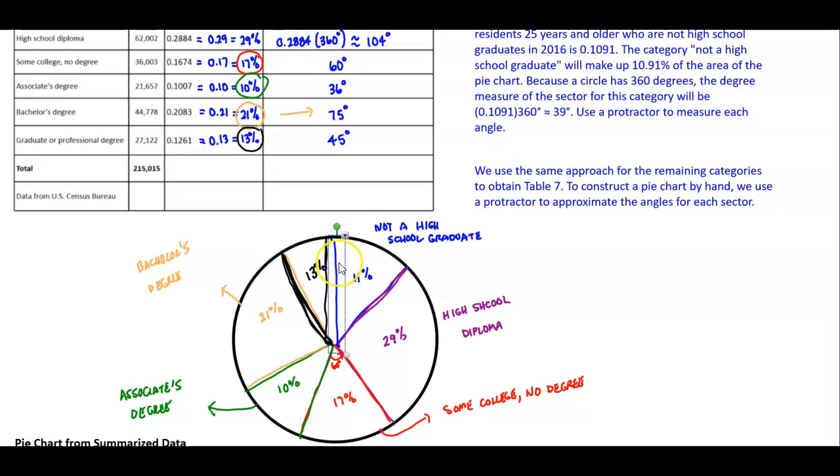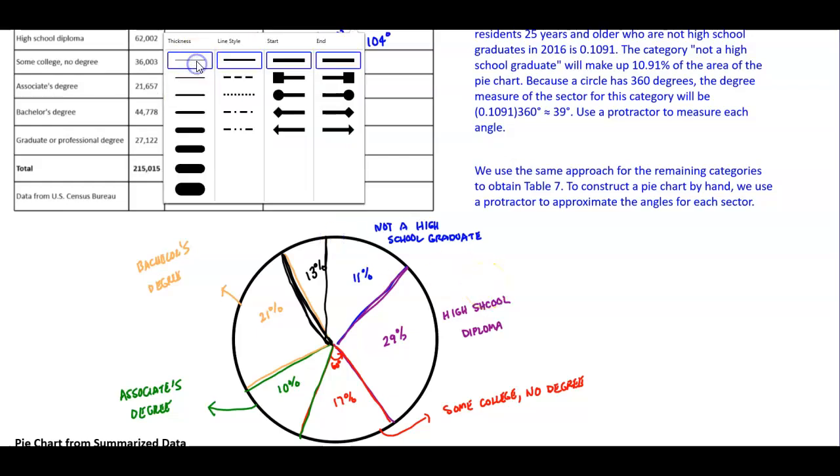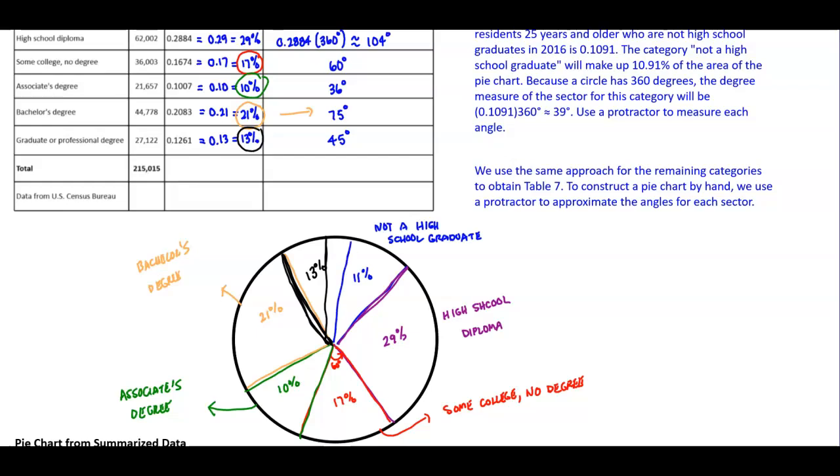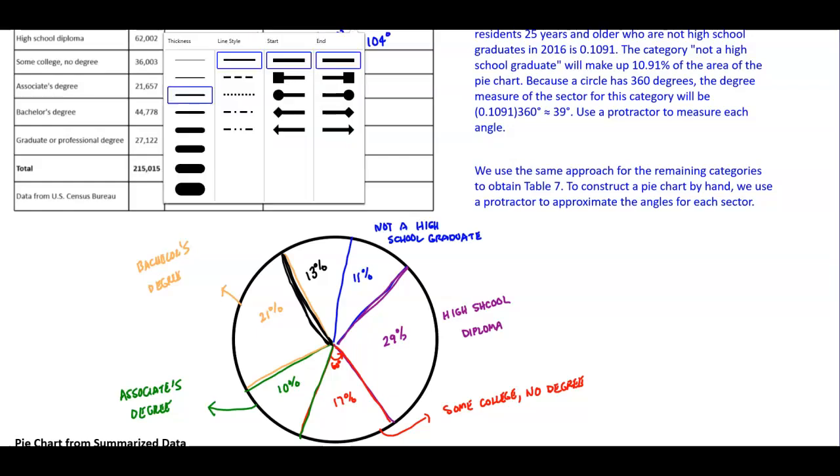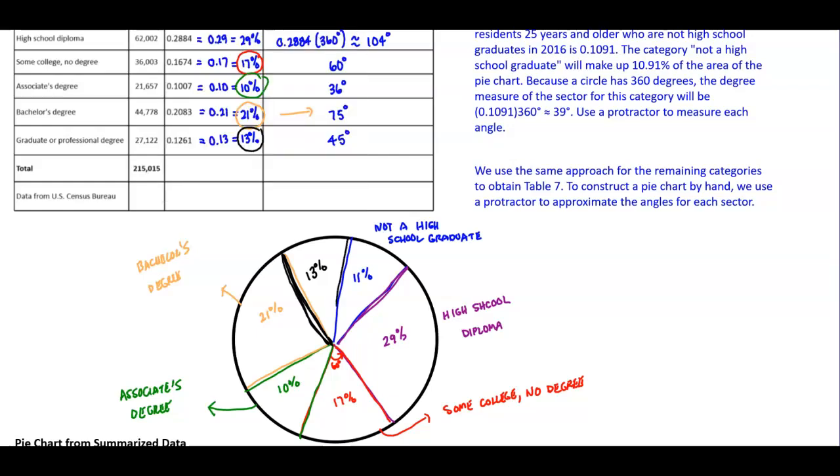So we just need to change this to be a little bit less than that, so that we're a little bit accurate with our picture, because this angle needs to represent 45 degrees. Obviously, I'm doing this by hand and by assumption. Okay, so there is our 45 degrees, and we know that this is going to represent our graduate or professional degree.